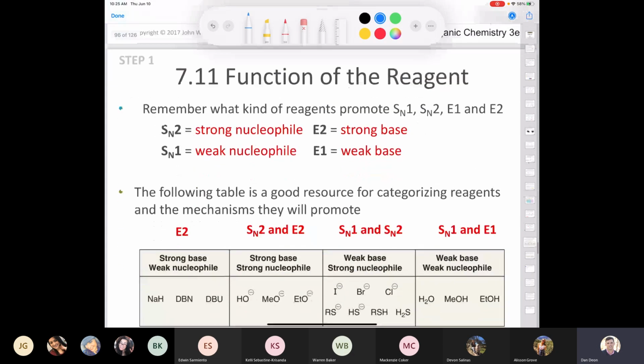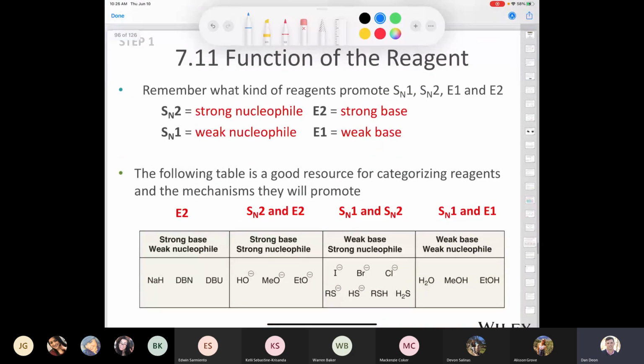Well, in terms of bases and nucleophiles, how do we know when something is a strong base, strong nucleophile, et cetera? Remember that a strong nucleophile is going to cause the reaction to undergo some kind of SN2 reaction, whereas a weak nucleophile is going to promote an SN1 reaction, a solvolysis reaction. Well, what are things that are strong nucleophiles?